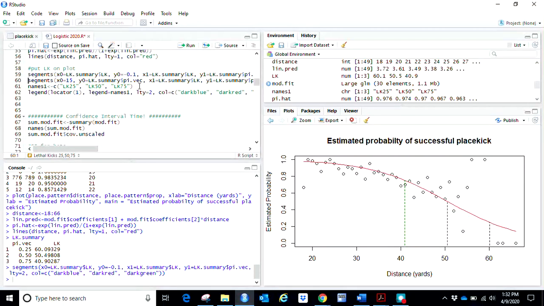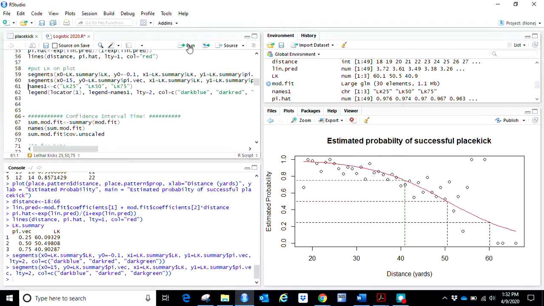My values of y are just going to be that 25%, 50%, and 75%. So when I draw those, you're going to now see if I need that 75%, a little bit more than 40, 50% a tad bit more than 50, and for 25% a little bit more than 60.